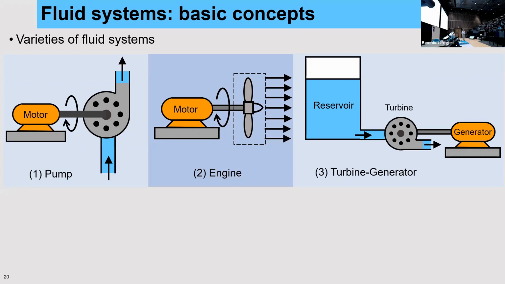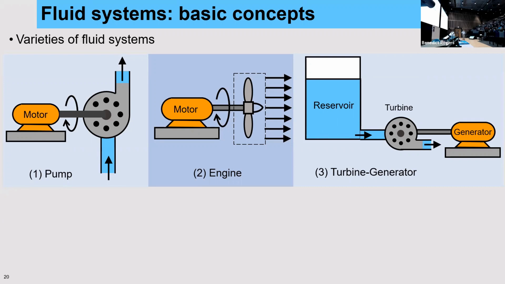With an engine, it's very similar to the pump, except now we've got this fan type thing here, and it's imparting momentum to the flow as it goes through our control volume. That's creating the thrust that you will use in any of your analysis. On the right-hand side, let's say you've got a reservoir.